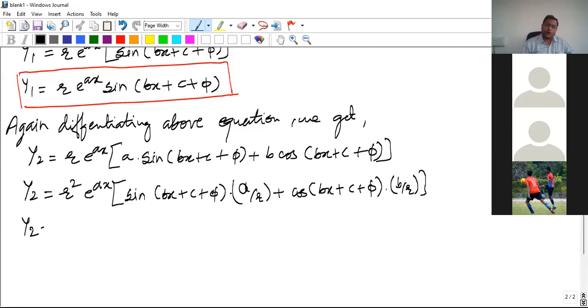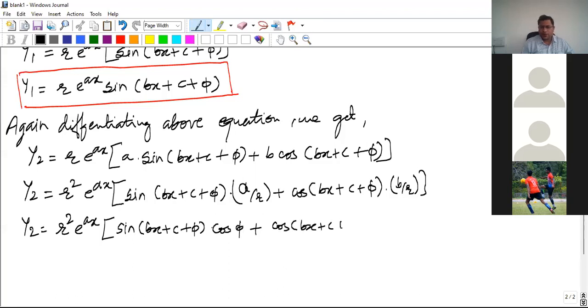Now what we can do is, we have this r square e raised to ax is going to be sine of bx plus c plus phi, and this is going to be cos of phi, plus this is cos of bx plus c plus phi, and this term is sine of phi.